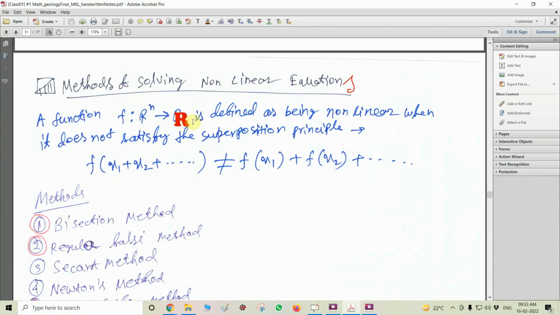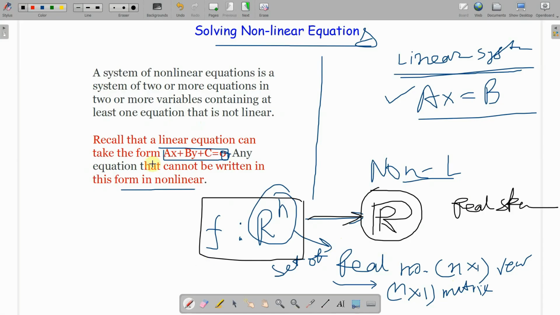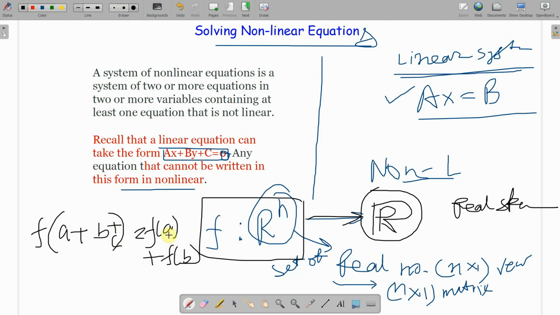for the nonlinear equations that the superposition principle is not followed. What do you mean by superposition principle? The superposition principle tells you that the function of a plus b should equal f of a plus f of b, or f of a plus b plus c equals f of a plus f of b plus f of c.